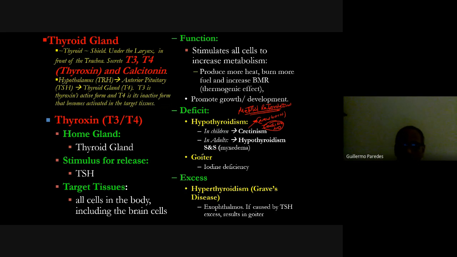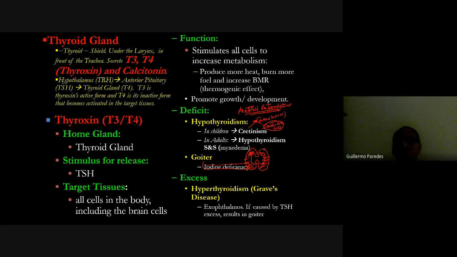Okay, so goiter is going to be caused by iodine deficiency. If the person doesn't eat iodine, the thyroid gland gets enlarged. Why does it get enlarged? Because it wants to increase its size in order to increase the absorption of the few iodines that are still in the bloodstream.